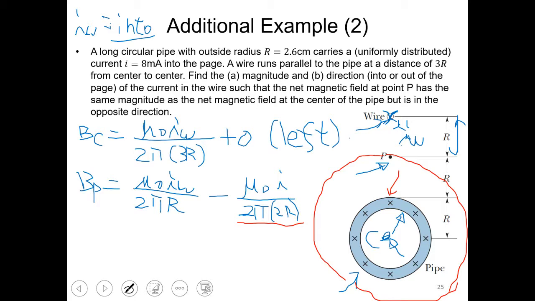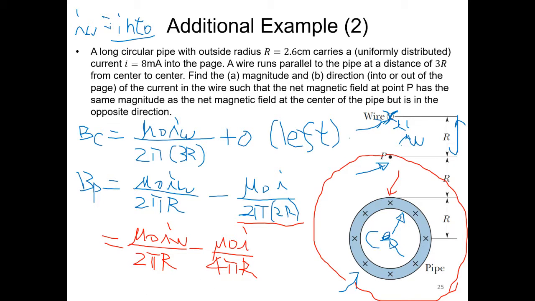Okay, so we do some simplification. So we know that mu_0 I_W over 2 pi R minus mu_0 I over 4 pi R. Actually, this one also points to the left.